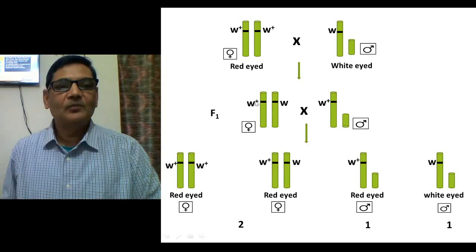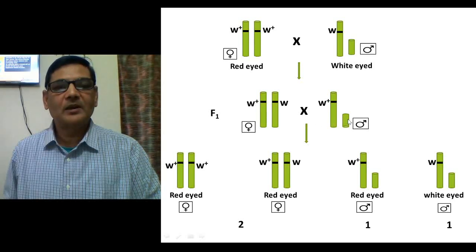Then the W plus containing X chromosome combines with the Y chromosome, so this will be a male individual and a red-eyed male. Then the X chromosome with the W allele combines with the Y chromosome, and this will be a white-eyed male.